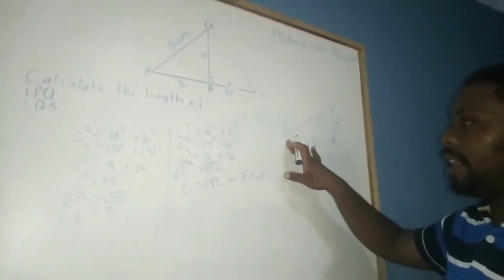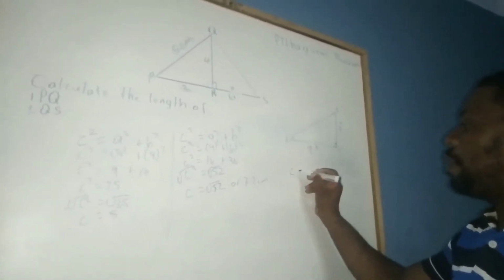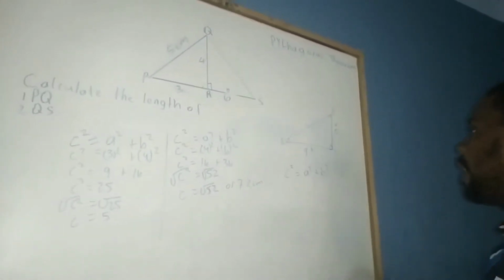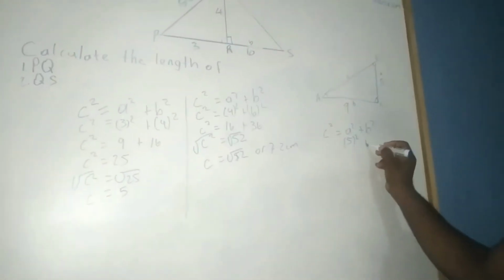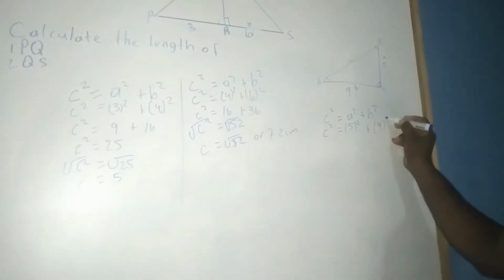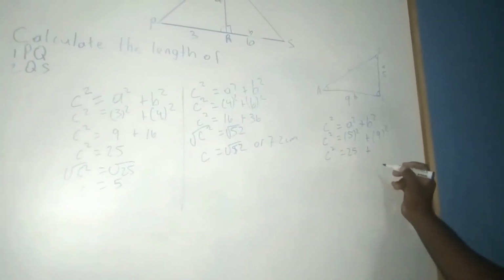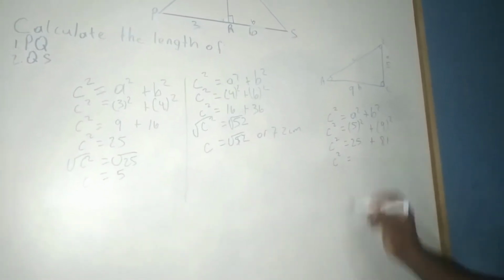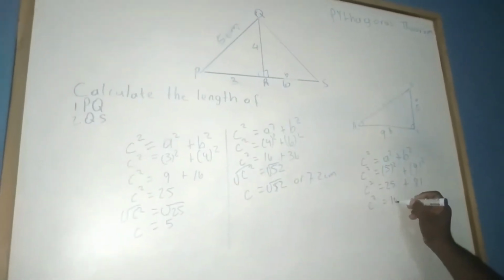If we're asked to find the big A, we're asked to find the angle, or we're asked to find the length. So we're still applying the formula C squared is equal to A squared plus B squared. We know small a is 5, so 5 squared, and small b is 9, so 9 squared. C squared is equal to 25 plus 81, and that's 106.